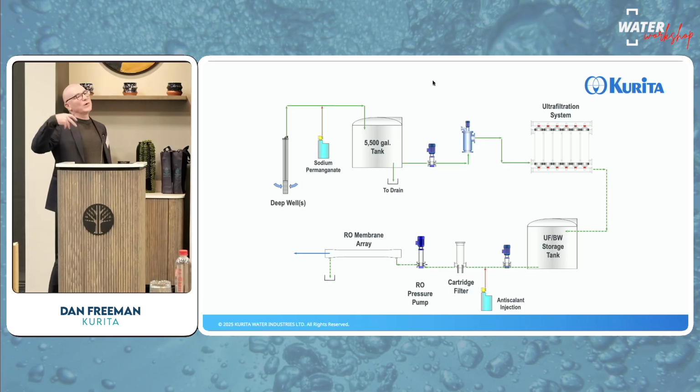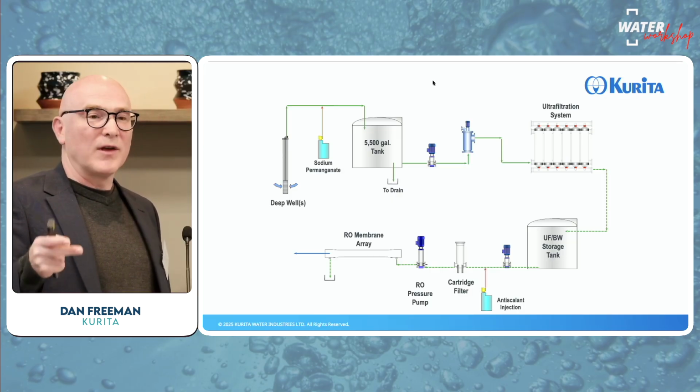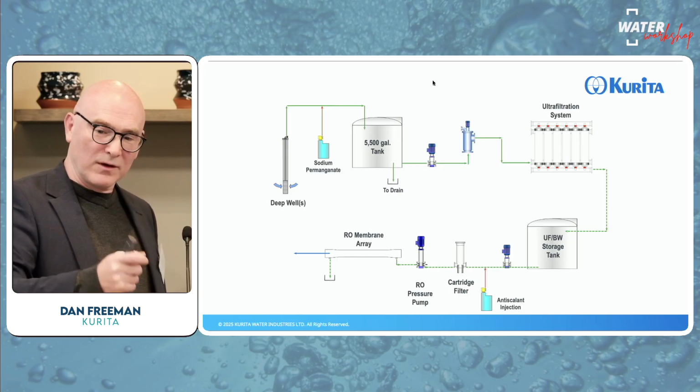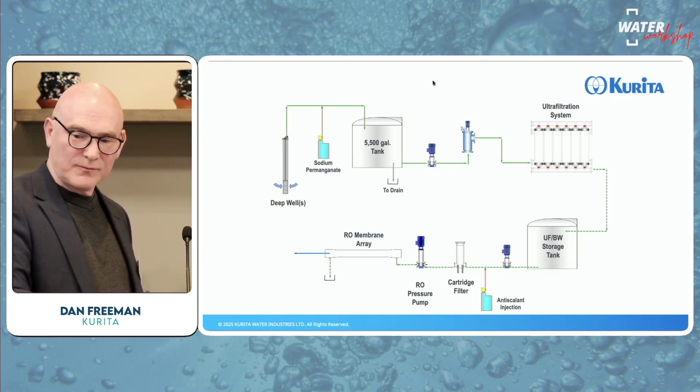It's only when you bring it to the surface and it gets oxidized that iron can be a problem, in terms of oxides of iron, ferric hydroxide, and these things that accumulate on the membrane surface. In this particular scheme, what the operator is trying to do is oxidize all of the iron that comes up with the water, give it enough residence time so that it precipitates, and then remove it with the ultrafiltration system.